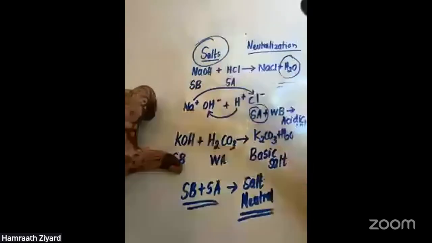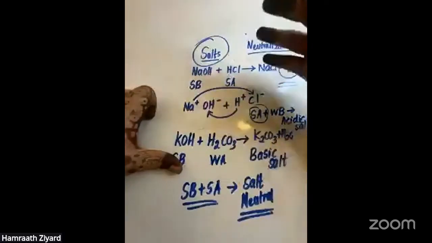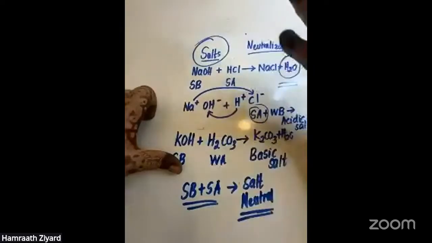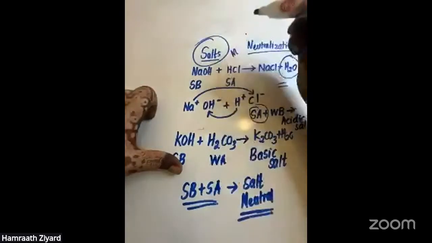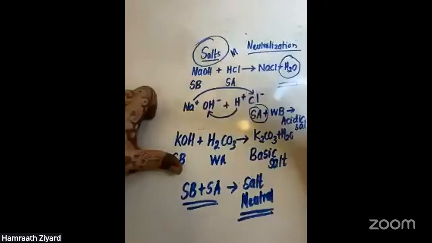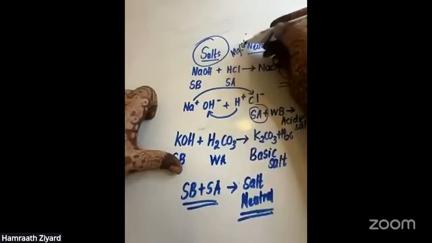That is hydrochloric acid. Now you eat spicy food, you skip food, what will happen to the amount of hydrochloric acid? It will increase. So now you will say, doctor, I have gastritis. What will your doctor do? Your doctor will suggest a weak base, magnesium hydroxide.